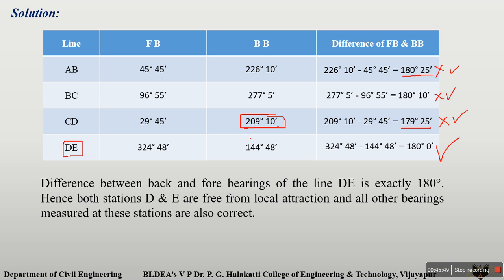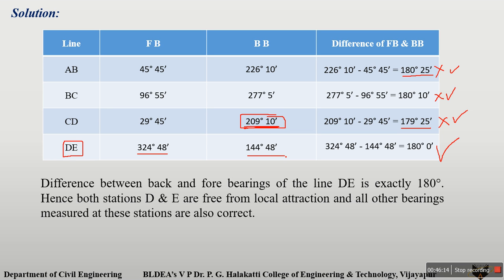After finding this out, you come to know that these two stations are free from local attraction, and whatever bearings are measured from these two stations are free from local attractions. From D station, this bearing and this bearing are both measured from D station, so these two bearings are correct.